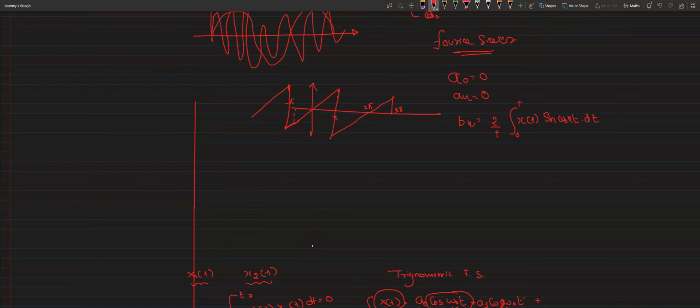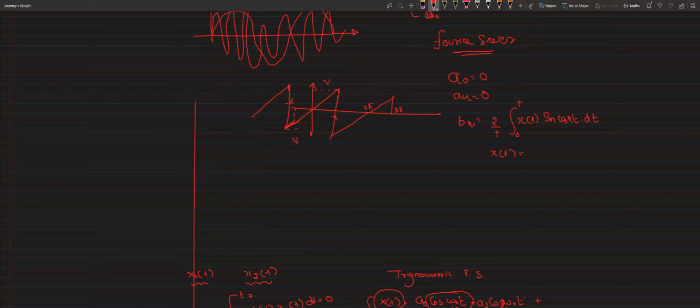So what is the value of x of t? From minus pi to plus pi, it is just t, correct? So if you apply the slope formula, x of t will become plus V or minus V, that one option is there.